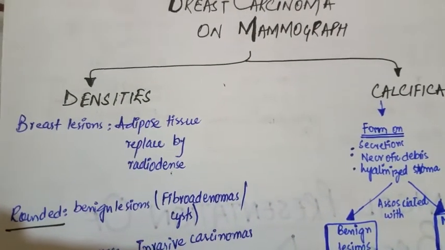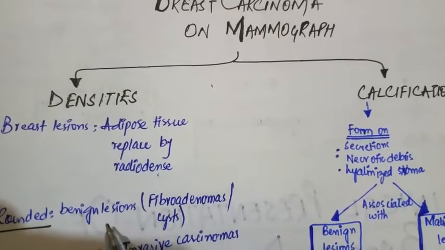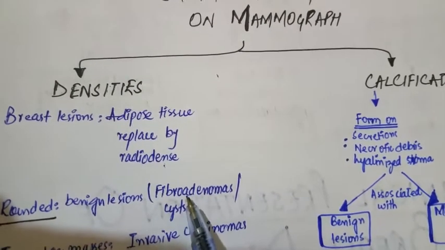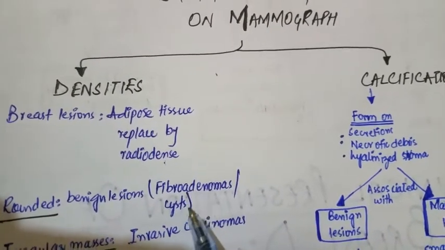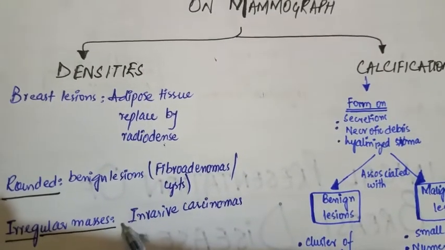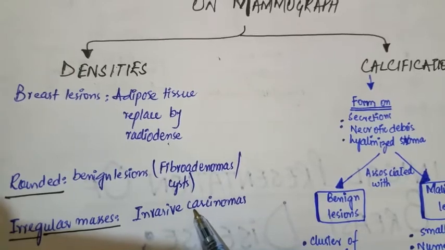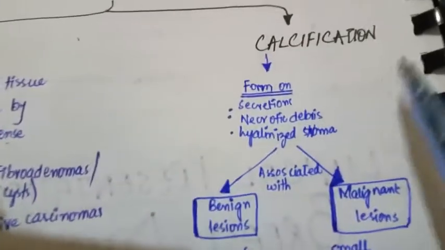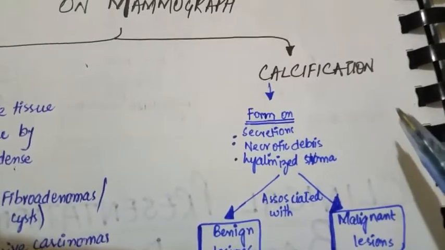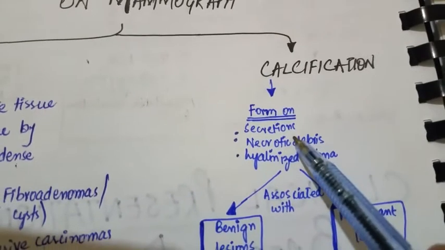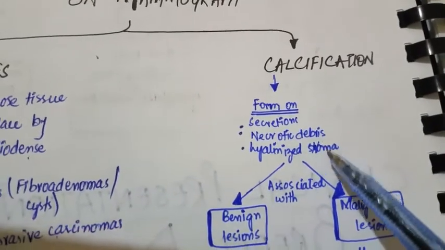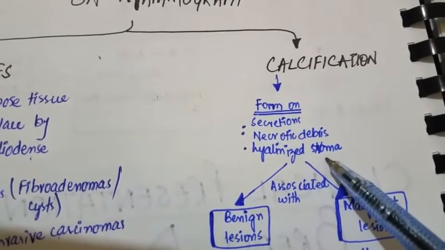If these densities are rounded, this means the lesion is benign, and this may be fibroadenomas and cysts. If these lesions are irregular masses, this means invasive carcinomas. Calcifications are basically formed on secretions if there is necrotic debris or hyalinized stroma.